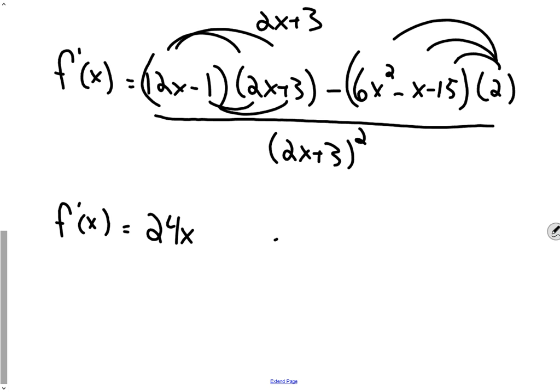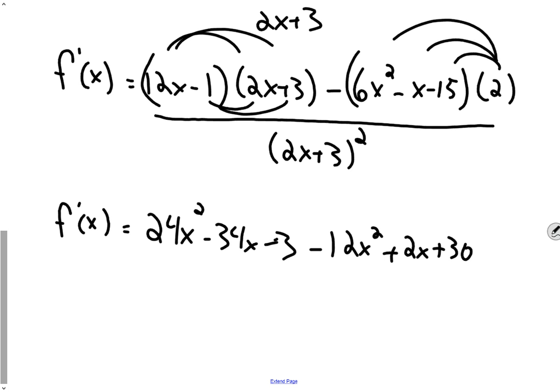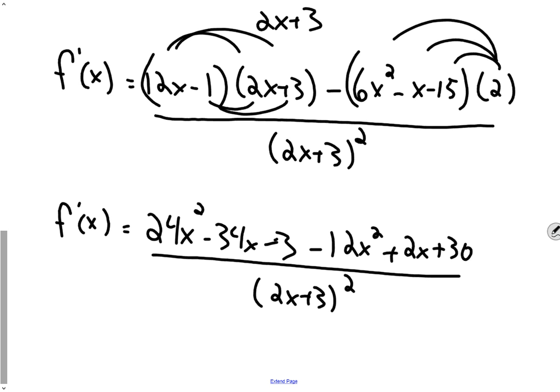Now, the only reason I'm not expanding out the bottom part is because if you multiplied it out, you're going to have this long polynomial.